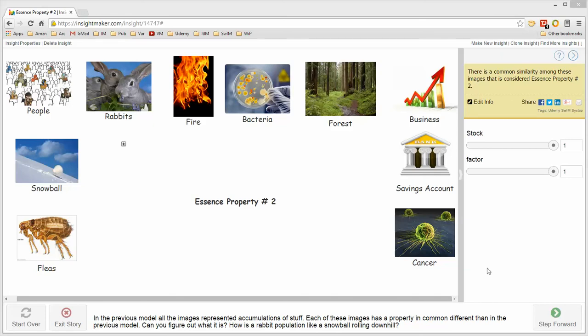Each of the images in this segment represent a type of growth where the bigger it is, the faster it gets bigger. In other words, the rate at which it grows is dependent upon how big it is, which is different than the previous essence property.